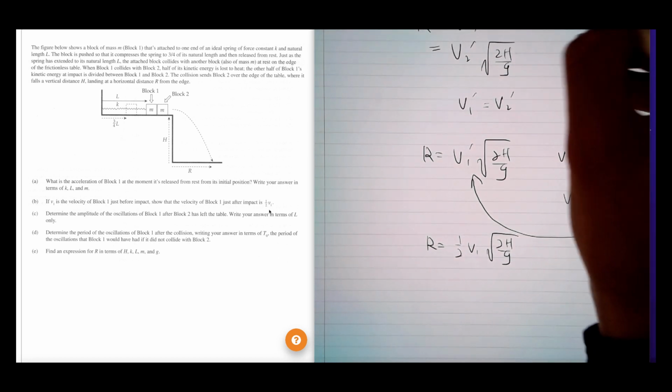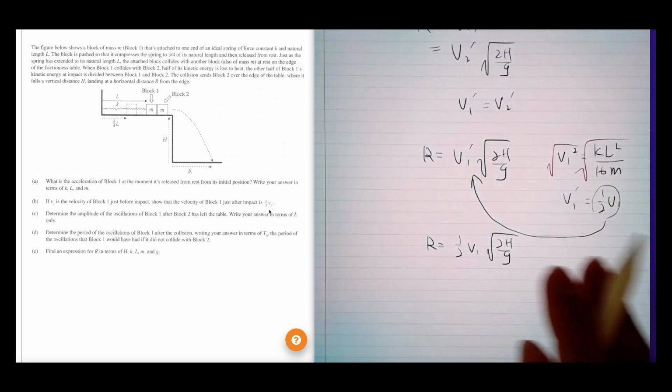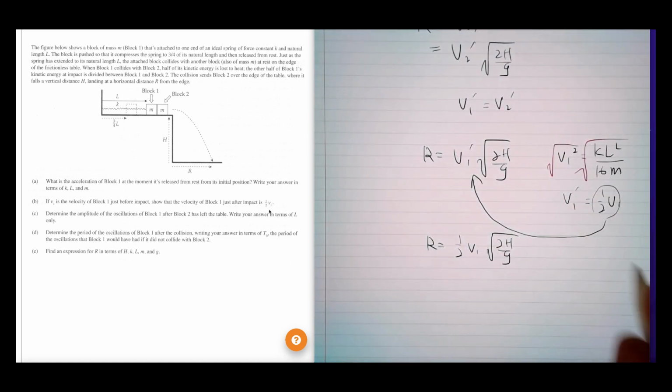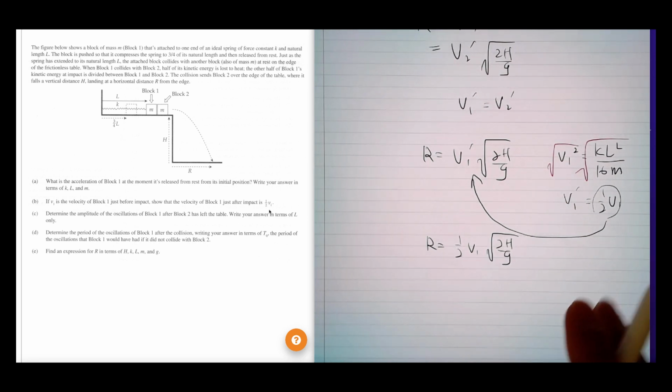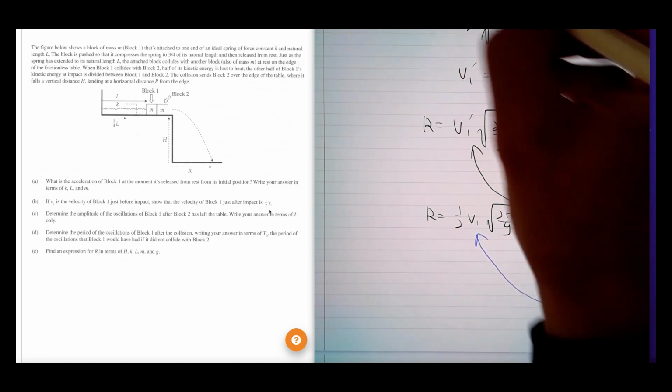So I'm going to square root this equation to find out that b1 equals L over 4 square root of k over m, right? And that's going to go into where b1 is.